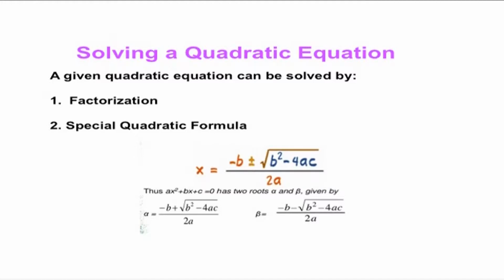Thus, ax square plus bx plus c equal to 0 has two roots, alpha and beta, given by alpha equal to minus b plus under root b square minus 4ac upon 2a and beta equal to minus b minus under root b square minus 4ac upon 2a.